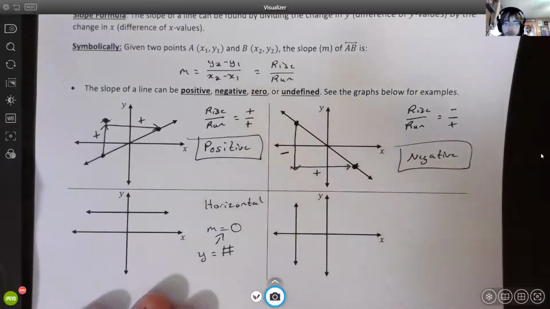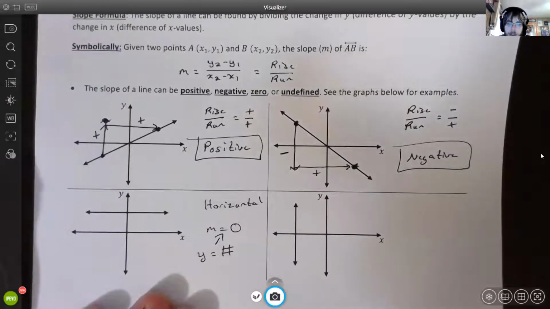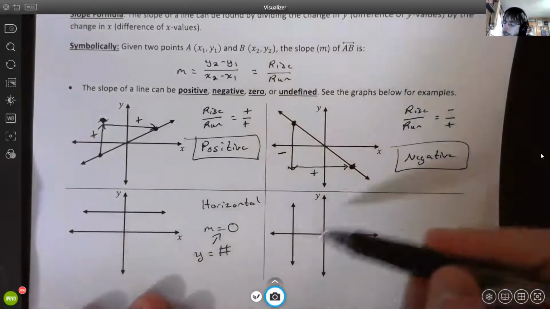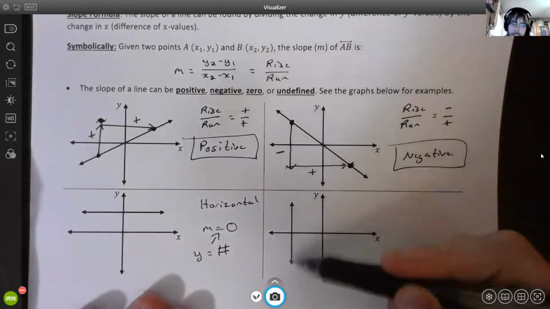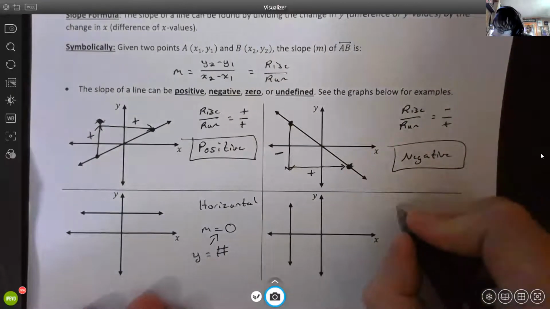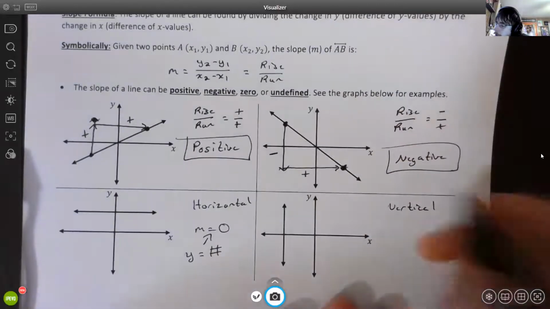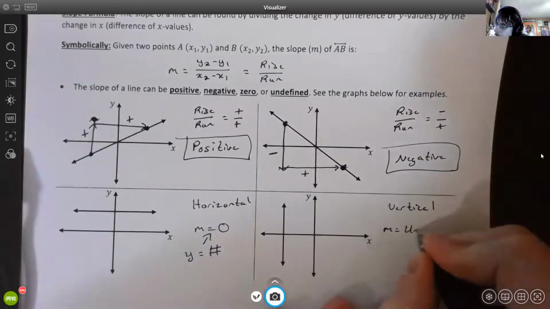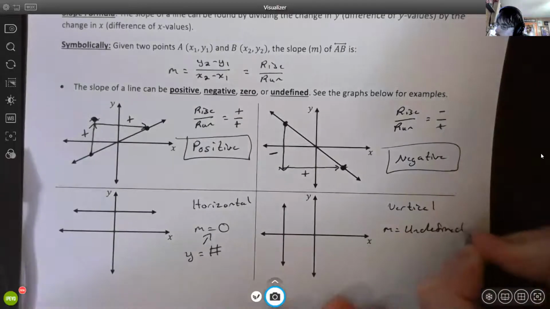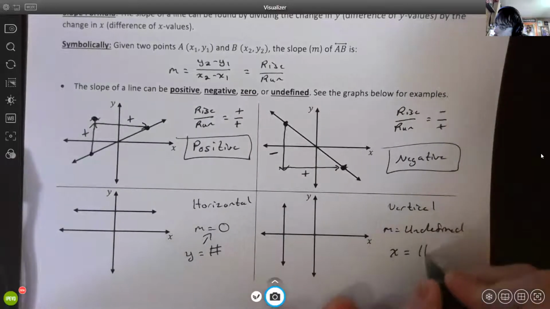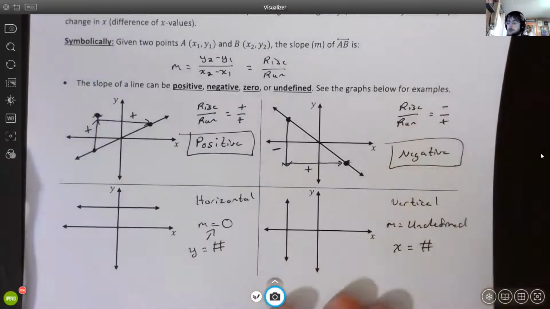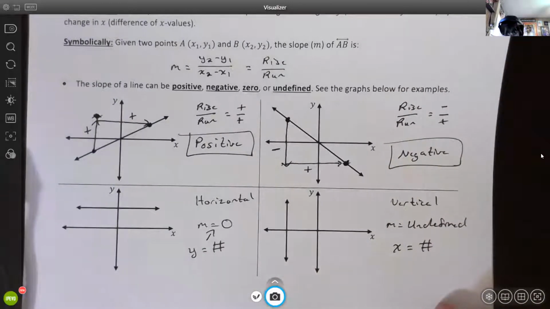Okay, y equals a number gives you m equals 0. And then for undefined, you can see that this is a vertical line. So anytime you have just a straight vertical line, your slope is undefined. And that has the equation x equals a number. Okay? So just keep that in mind as you go along.